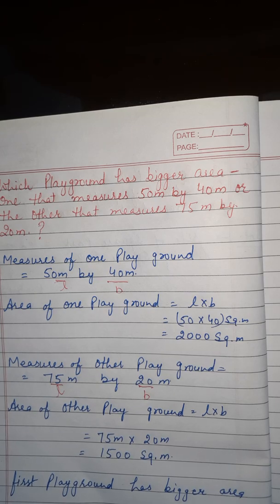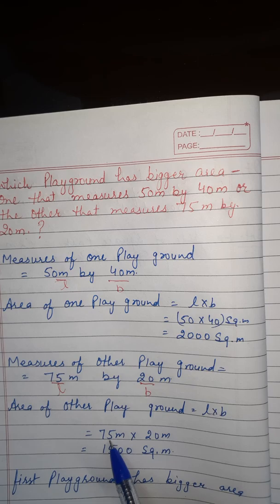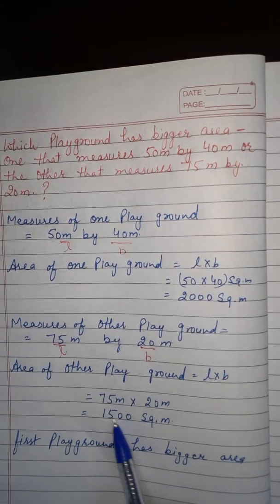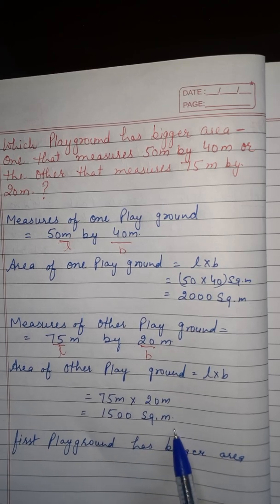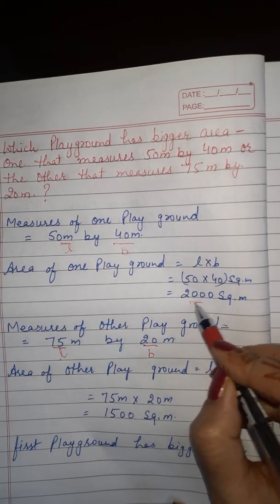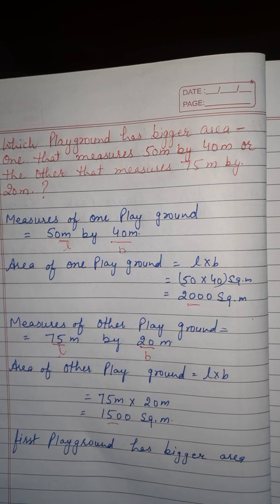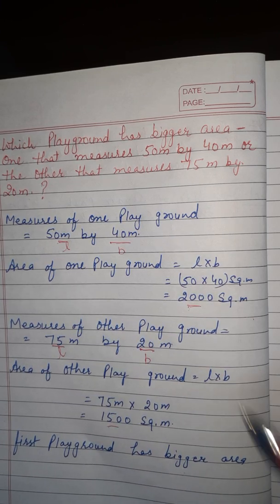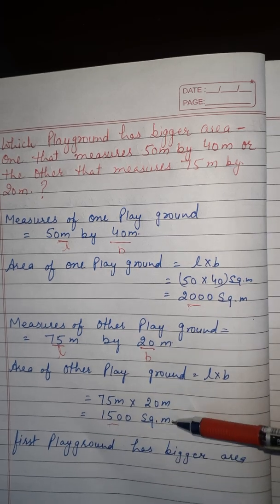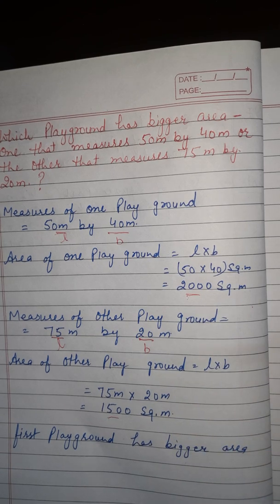So the area of the other playground is 75 meter multiplied by 20 meter, and again we get 1500 square meter area. Here you can clearly see that the area of the first playground is 2000 square meter and the area of the other playground is 1500 square meter, and 2000 square meter is greater than 1500 square meter. It means the first playground has the bigger area.